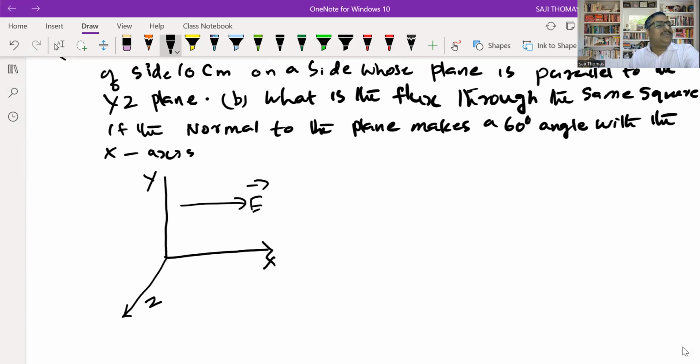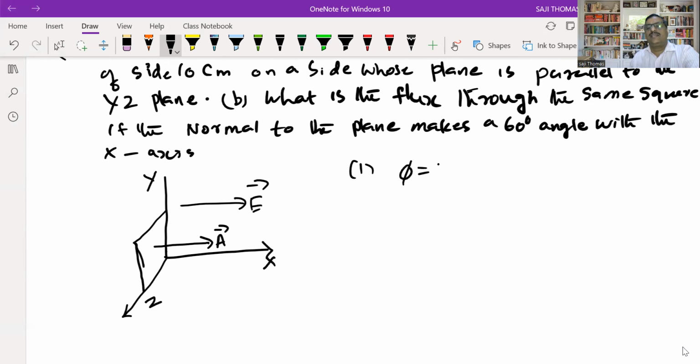Now you need to find the flux through a square of side 10 centimeter whose plane is parallel to the YZ plane. The YZ plane is this one, right? So this is the square. When you consider area, what is the direction of this square's area? Outward normal, that means in this direction. So this is the area vector. In this case, the electric field and the area are in the same direction, right?